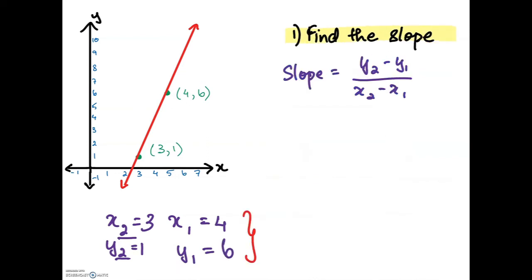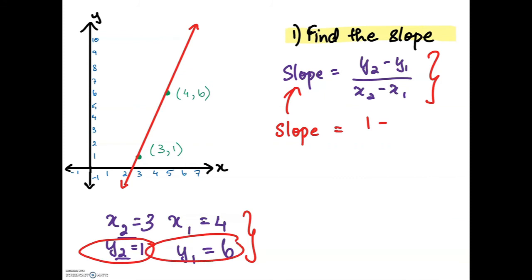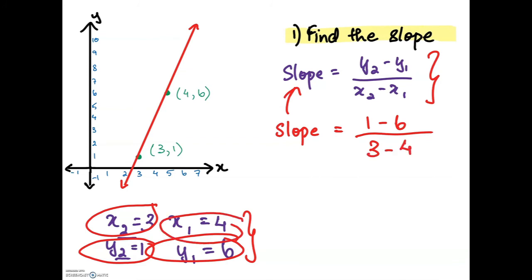So now that we've set our table of values, we're going to substitute everything back into this equation. So slope is equal to y2 minus y1 over x2 minus x1. In this case y2 is equal to 1, so 1 minus y1, which is equal to 6, over x2, which is equal to 3, so 3 minus x1, which is equal to 4, so 3 minus 4.